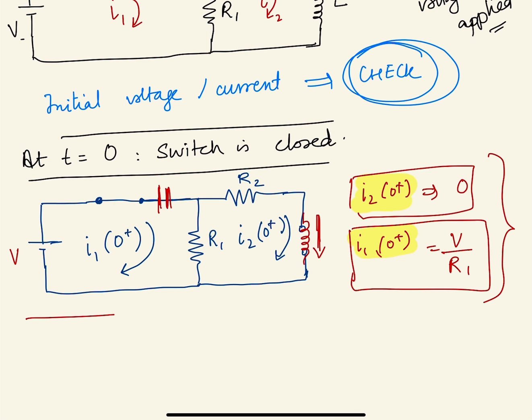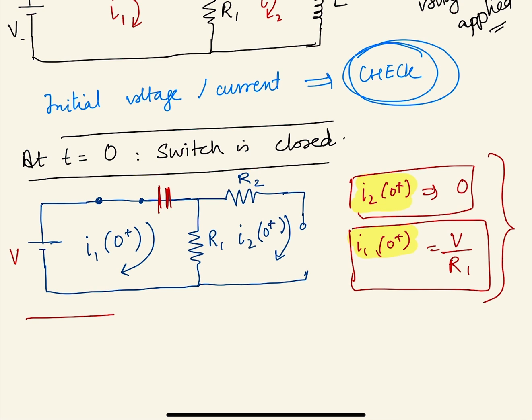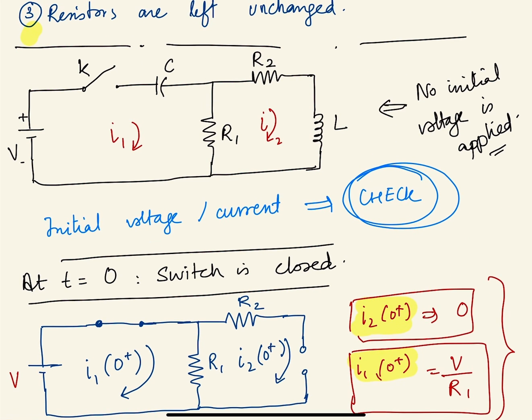Now, when we evaluate these conditions, let me get back to my original configuration, that is this. Now you have to take a look at this circuit. This is the circuit which you have to solve, right?